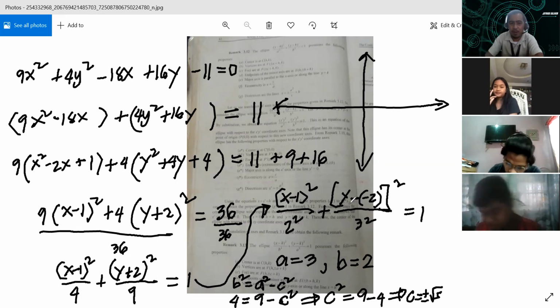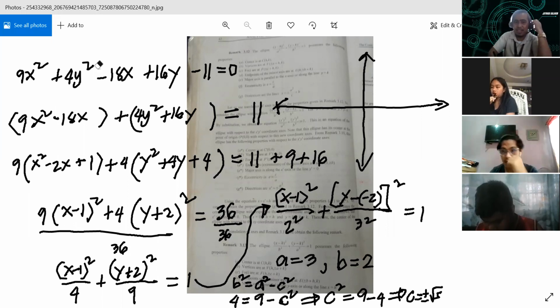But remember that our center is not in the origin anymore, right? Do you remember it? So you will be using now the theorem that we have.